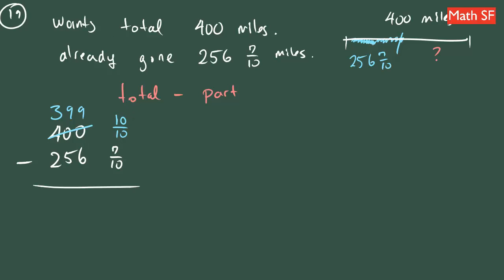Now 10 minus 7, I can do that, so that will be 3 over 10, and we have to do this subtraction. 9 minus 6 is 3, 9 minus 5 is 4, and 3 minus 2 is 1. So this is what she needs to still drive. It will be 143 and 3/10 miles. That's what she needs to drive.